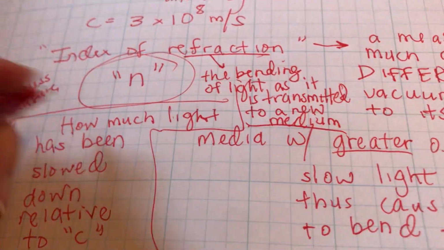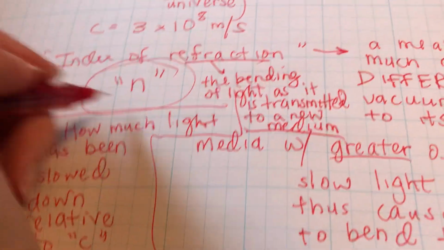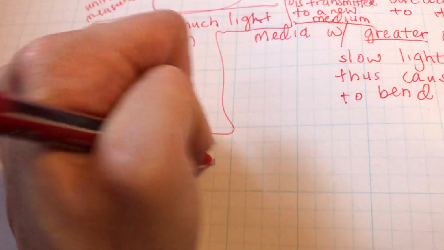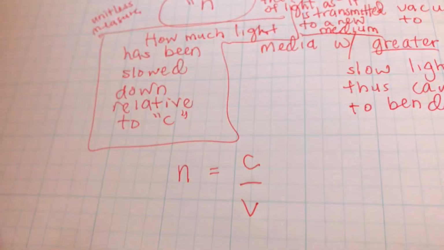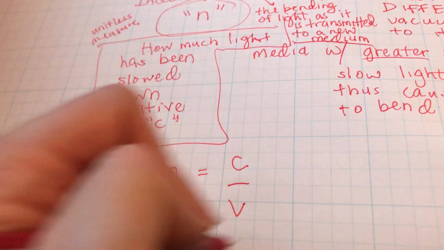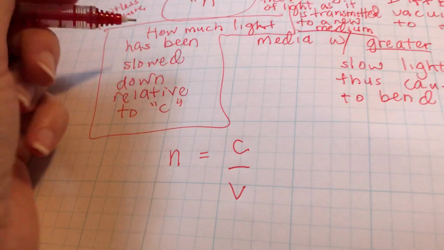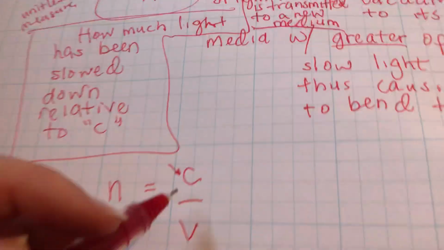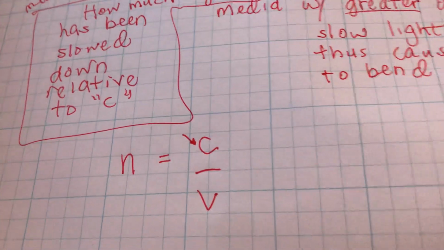Okay. So actually we can calculate the index of refraction of a material using the formula n is equal to c over v. So as I said before, it is a ratio, really, or a comparison to how much light is being slowed down relative to c, the speed limit of the universe, right?